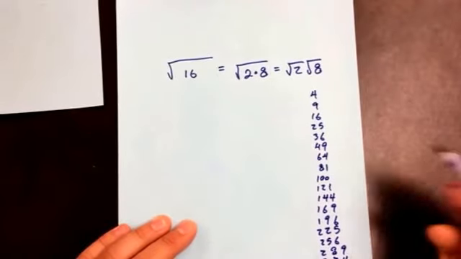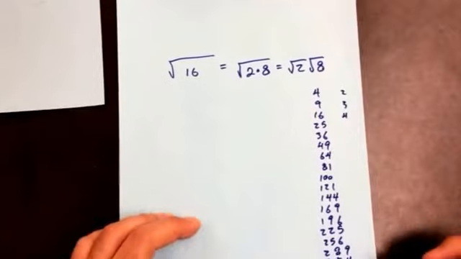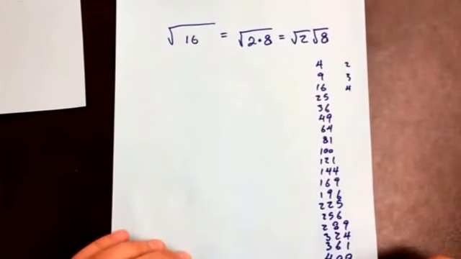So those are perfect squares up to 20. This is 2, 3, 4, etc. all the way up to 20. Okay?